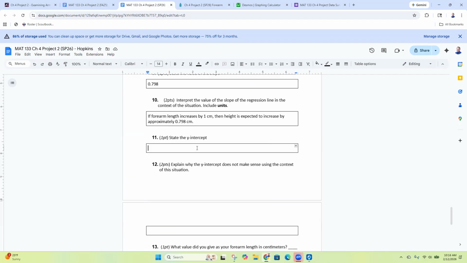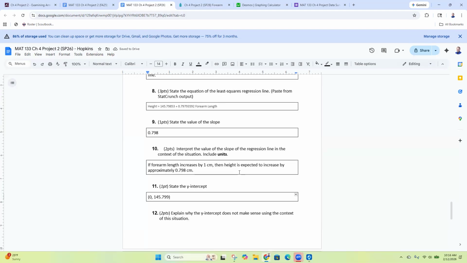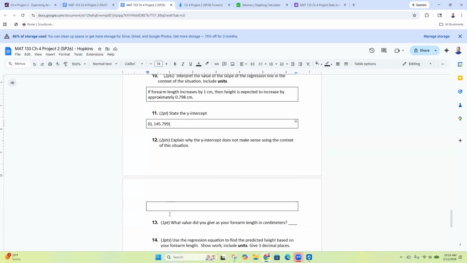State the y-intercept. The y-intercept in this case is 145.799. Okay, at least that's what I have. Explain why the y-intercept does not make sense in the context of the situation.